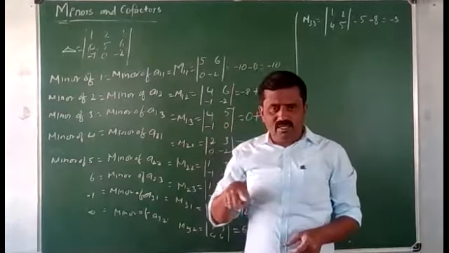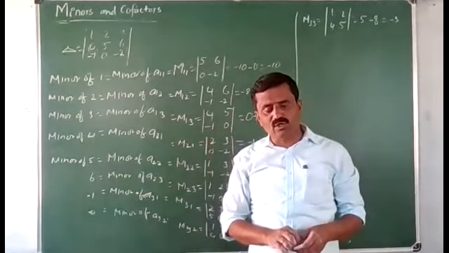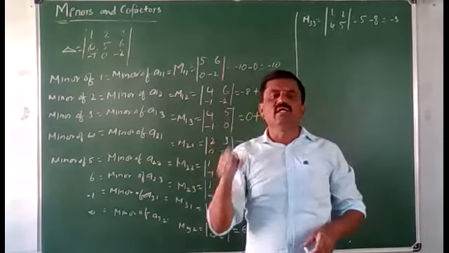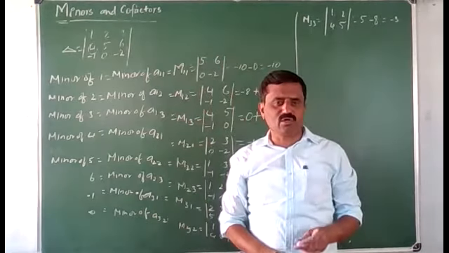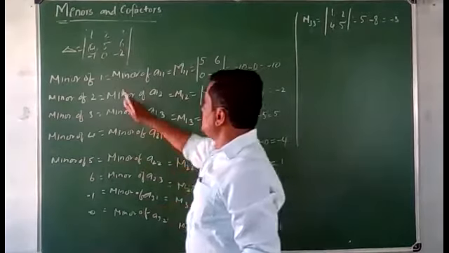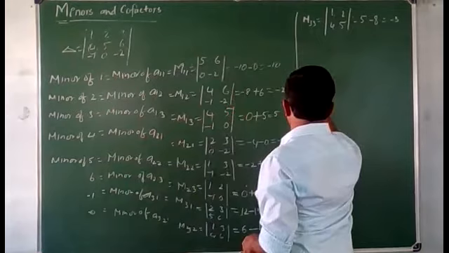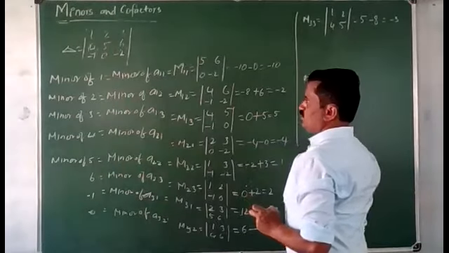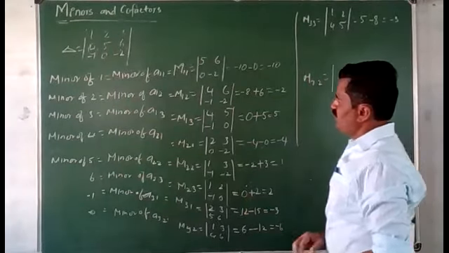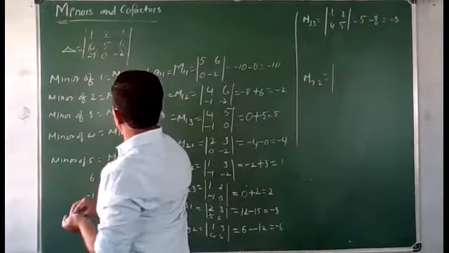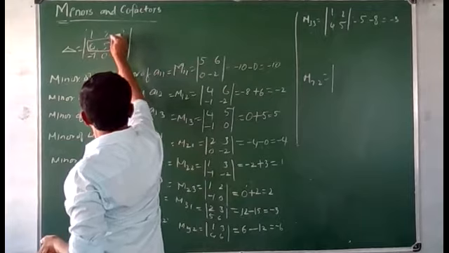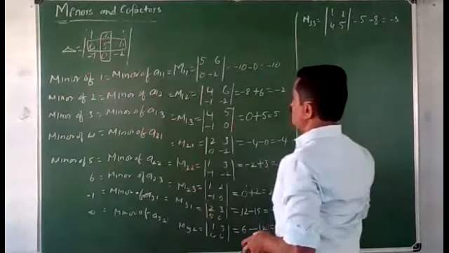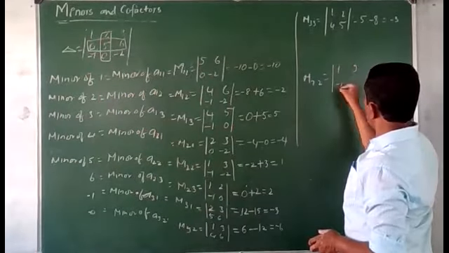Now again, for whichever element you have to find the minor of, leave that element's row and column, and write the remaining elements in determinant form. So the minor of 5, what is that? That is how to find the minor of 5. Second row second column, M22, is equals to the determinant of, now whichever row the 5 is in, leave that row, and leave this column. What are the remaining elements? 1 3 -1 -2.